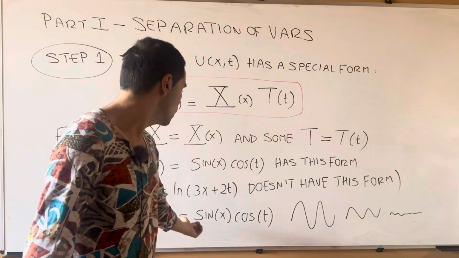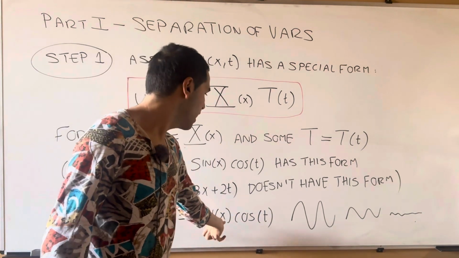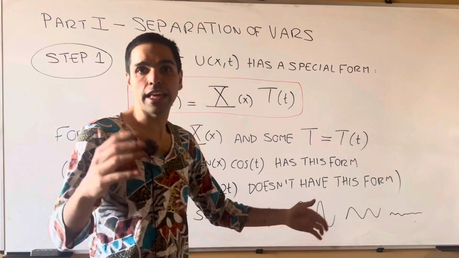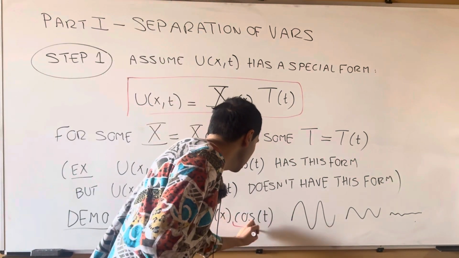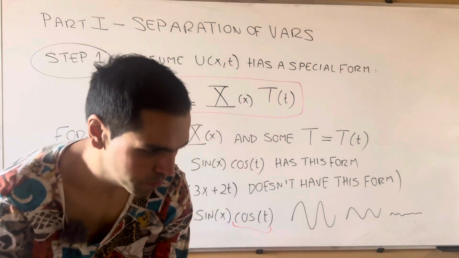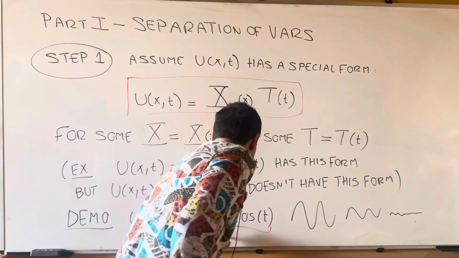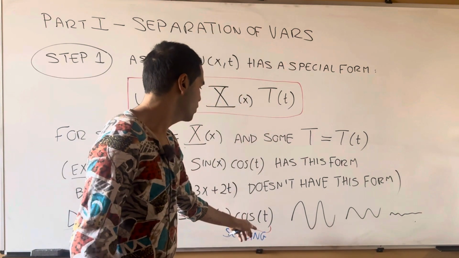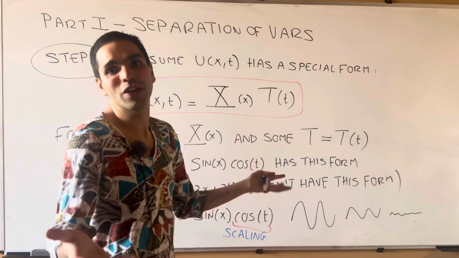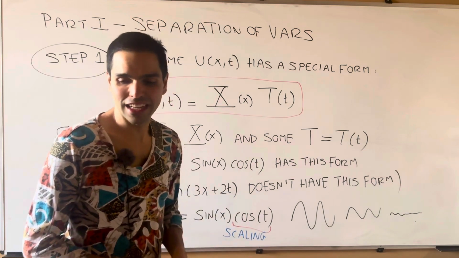That's when it's a good idea to guess sine of x plus some scaling. Because the cosine of t in this case is what's called a scaling factor. Right? Because if cosine of t is 1/2, then it's 1/2 sine of x in that case.